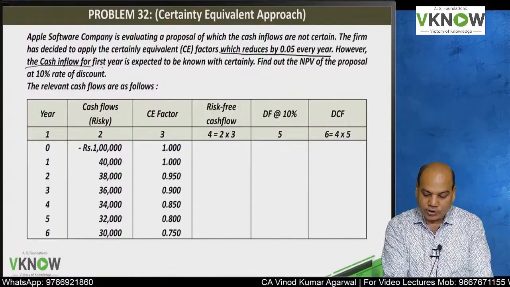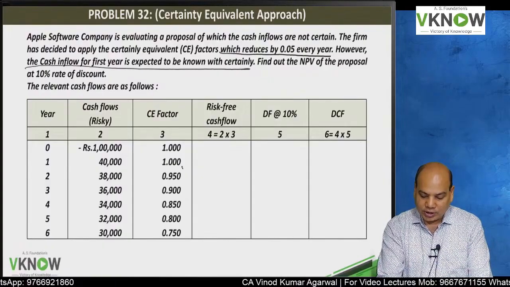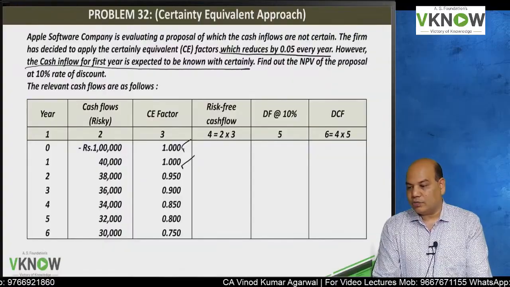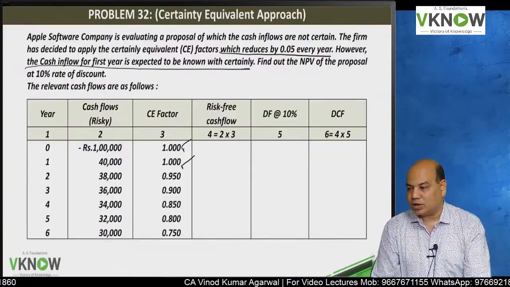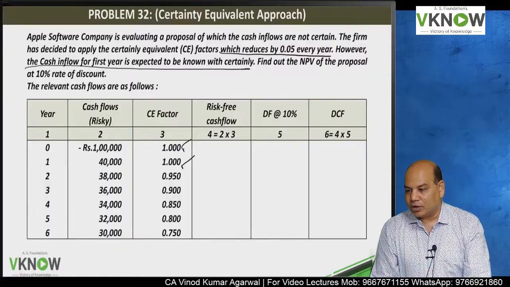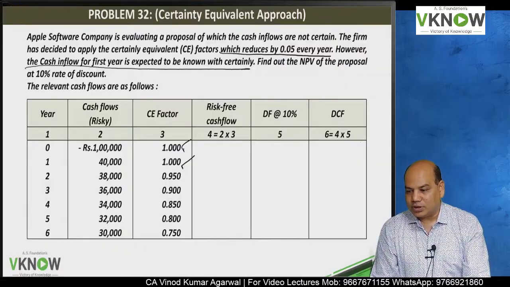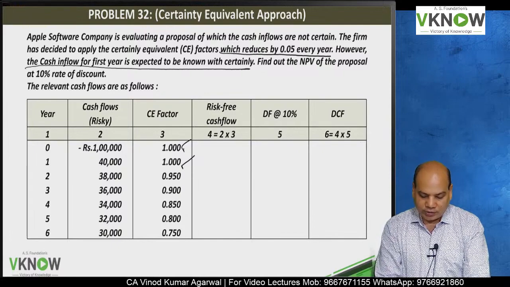However, the cash flow of the first year is expected to be known with certainty. Cash flow of the first year is known with certainty means we will take 1. Then a specific instruction is given. Find out the NPV of the proposal at 10% discount rate.